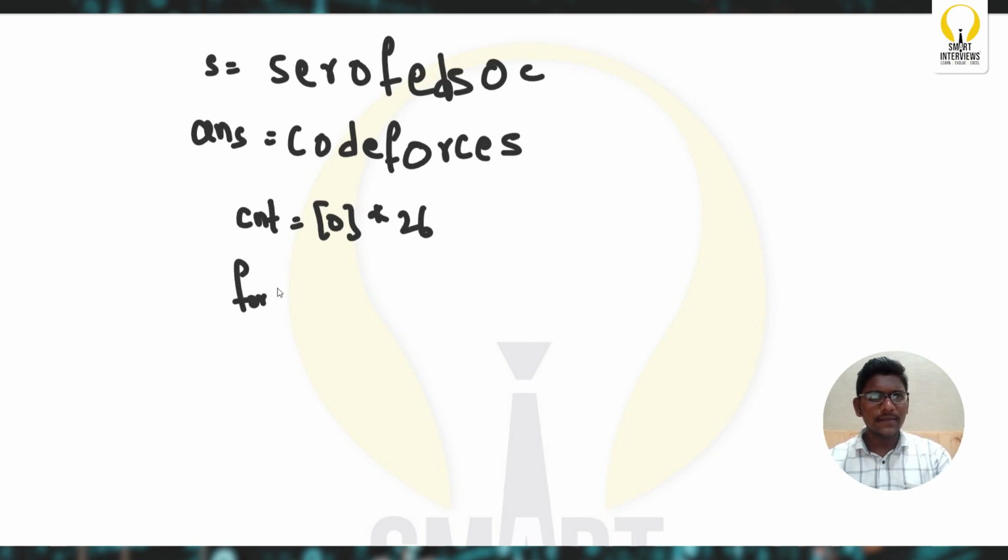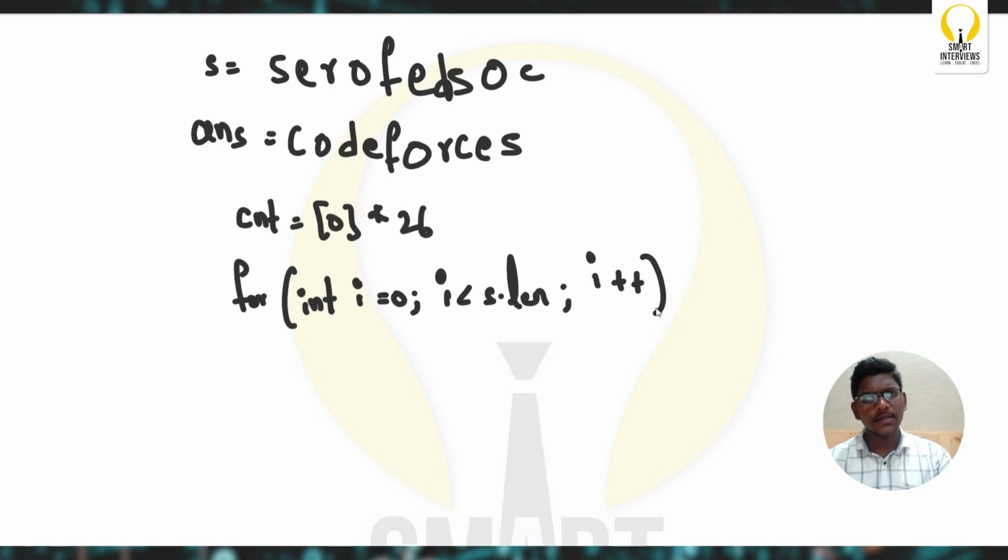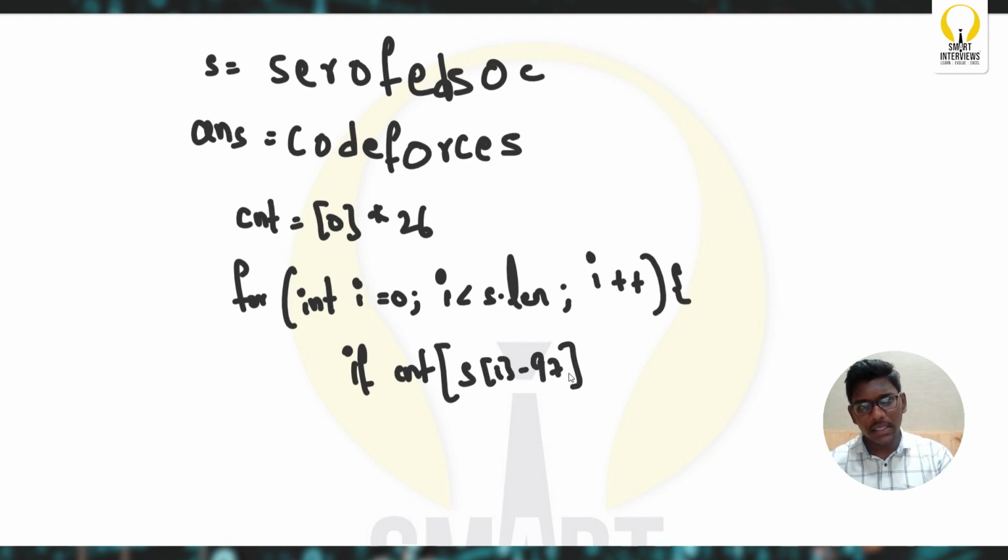You'll just traverse for int i equal to 0, i less than string length, i plus plus. If your count of ASCII value, which is S of i minus 97, is equal to 0, is only when you have to consider it for R, right?